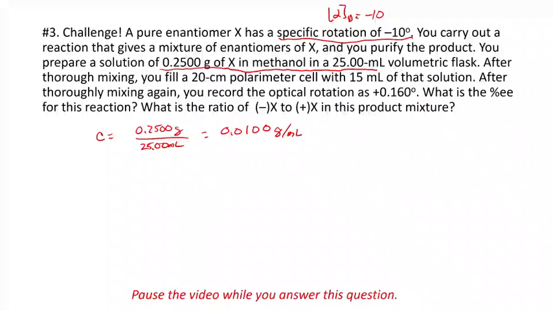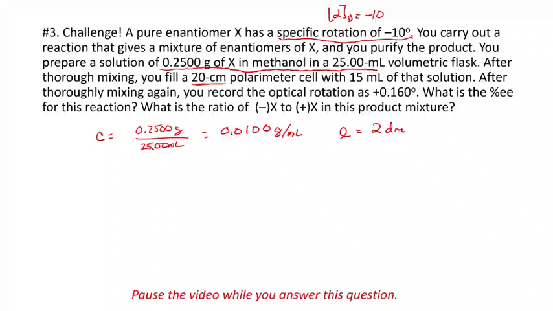All right, after thorough mixing, we fill a 20 centimeter polarimeter cell. Remember what a decimeter is? It's a tenth of a meter, centimeter is a hundredth of a meter. So there's 10 centimeters per decimeter. Our length is 2 decimeters. This is a standard cell.